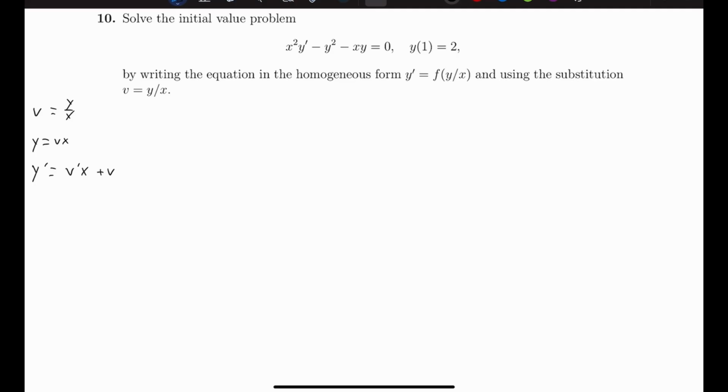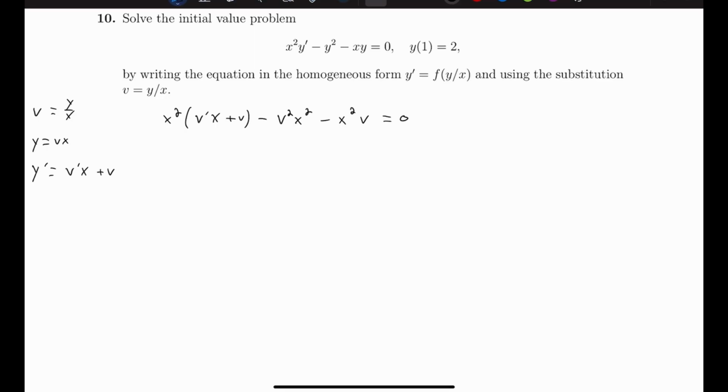We can now go ahead and plug this back into our initial equation back up here. So x squared times that y prime we just found, v prime x plus v, minus y squared, so that's going to be v squared x squared, minus x times that y, so that's x squared v, is equal to 0.